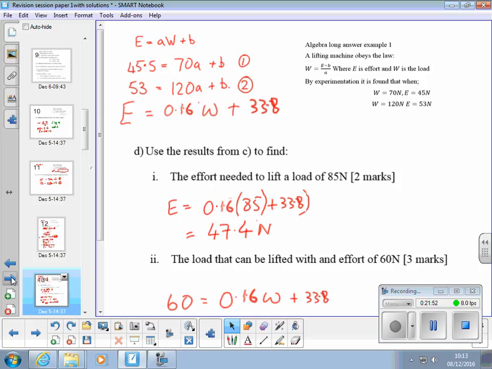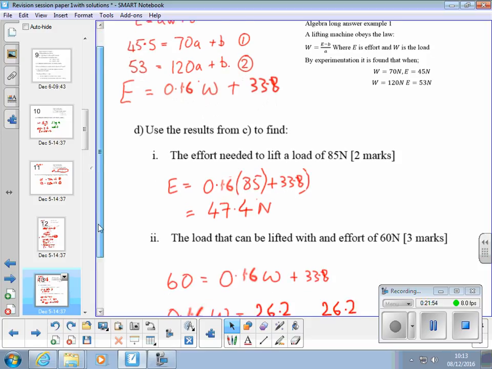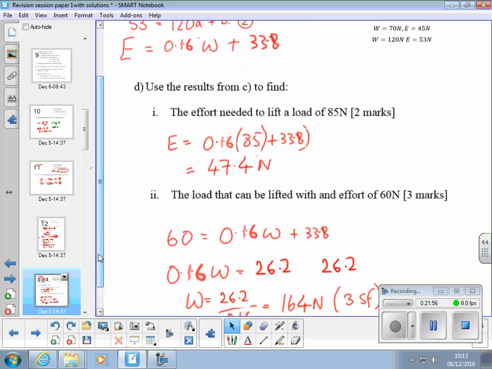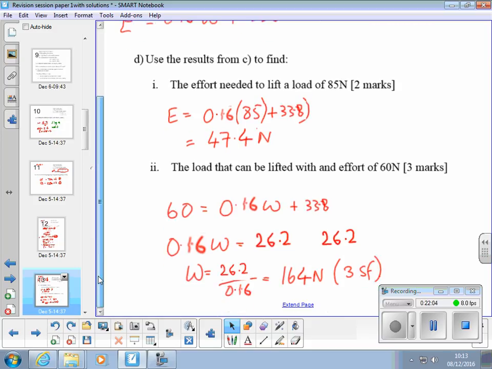And then the last bit requires you to, given E, find W. Substitute that value into the equation, rearrange it, and end up with W is equal to 163. 3 marks for that.